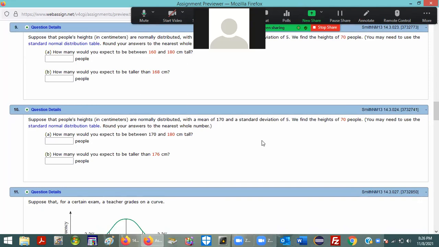Suppose that people's heights in centimeters are normally distributed with a mean of 170 and a standard deviation of 5. We find the heights of 70 people. You may need to use the normal distribution table. Round your answers to the nearest whole number. How many people would you expect to be between 160 and 180 centimeters?